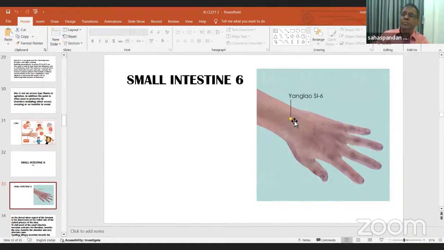This is the ulnar side, this is the radial side, and this is the dorsal part. This is the palmar and this is the dorsal. This point is on the dorsal part of the forearm, in the depression on the radial side of the styloid process of the ulna.